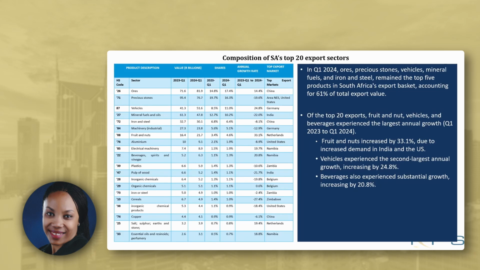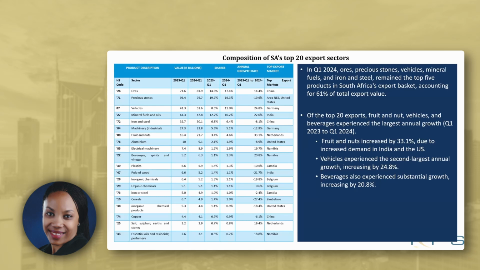Looking at the composition of the South African top 20 export sectors, in the first quarter of 2024, ores, precious stones, vehicles, mineral fuels, and iron and steel remain the top 5 products in the South African export bucket, accounting for 61% of the total export value.